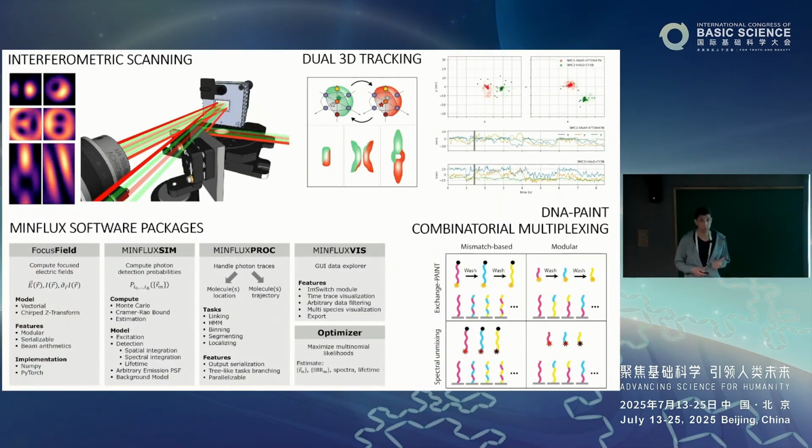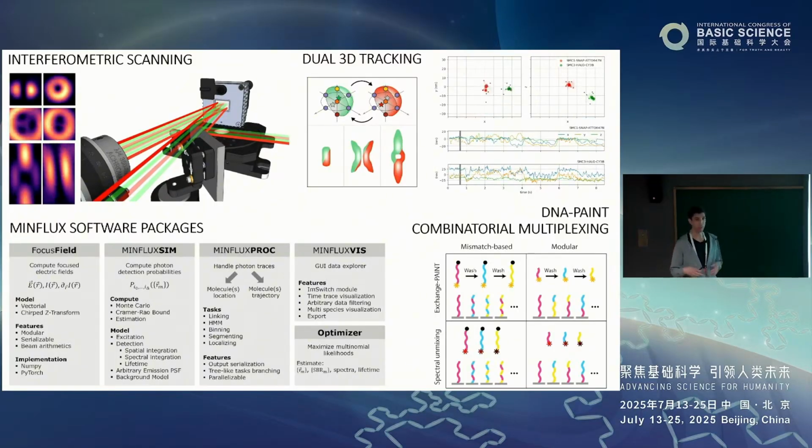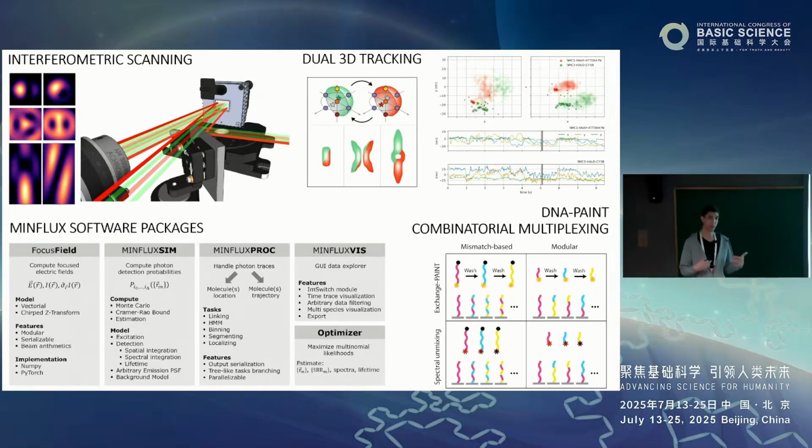In my group, I'm developing many aspects of this technique on the technology, on the optics that I will tell you about, on tracking more than one molecule simultaneously, which is I think one of the frontiers. There's a lot of software work to be done, and we will be publishing hopefully soon these packages of software, so people should not reinvent the wheel.